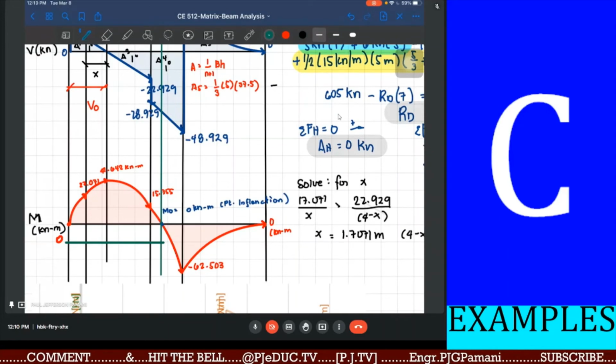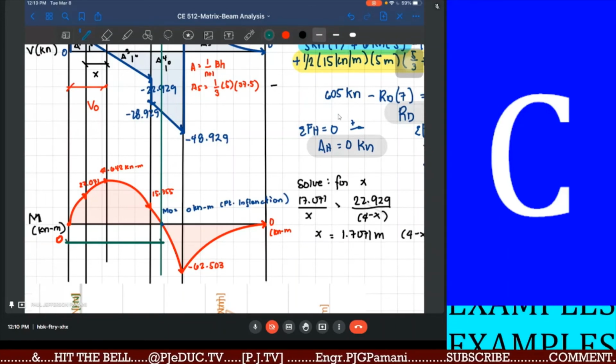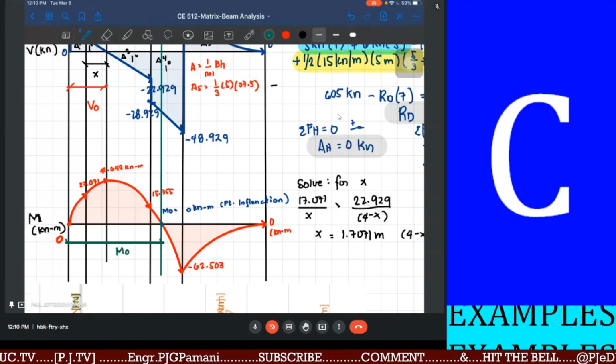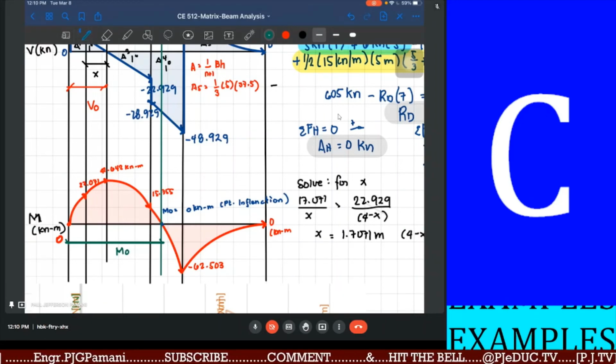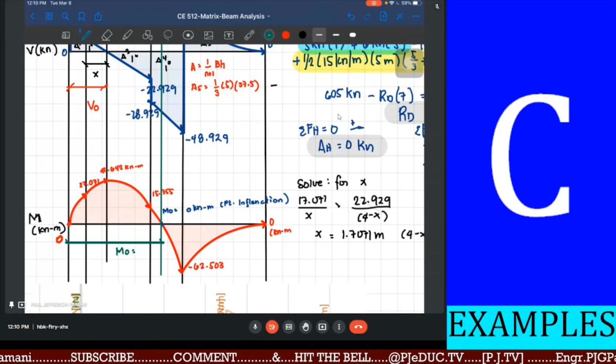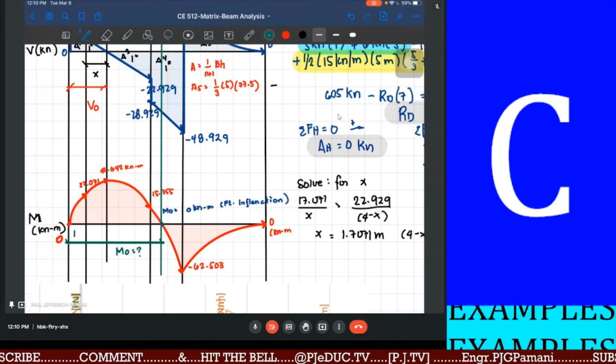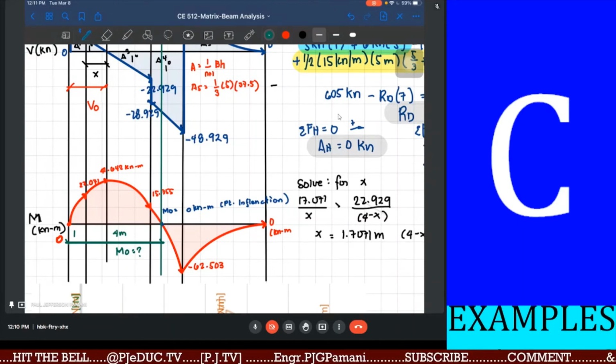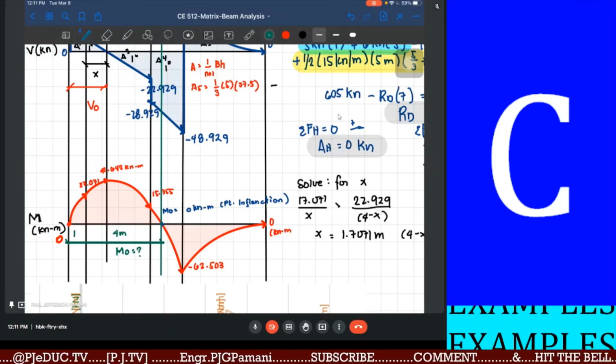For us now to locate the maximum deflection or the location of point of inflection. Anong gagawin? That is 1 meter plus 4 meters plus what? Let's just say that is x2.